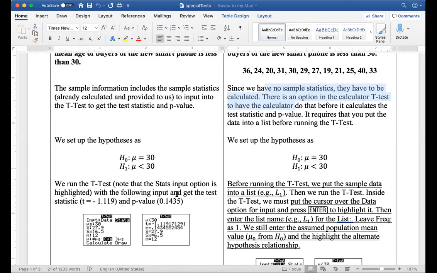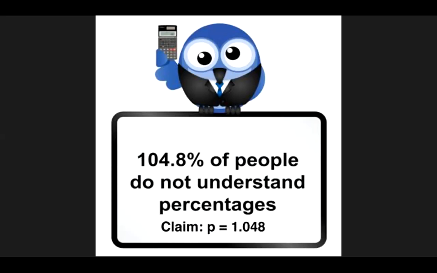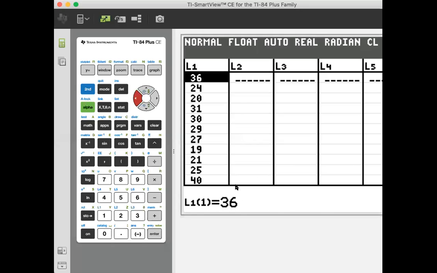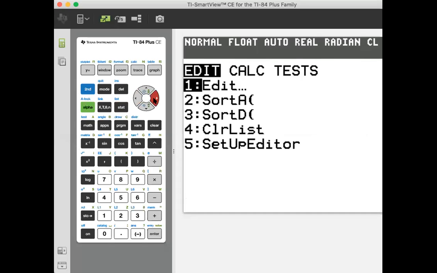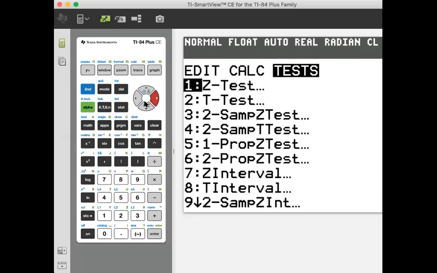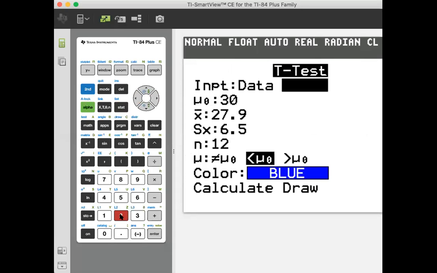So we would go to the calculator, and we would enter the information. Stat, right arrow to tests, and number 2, t-test.